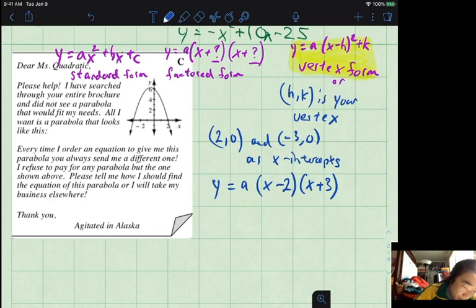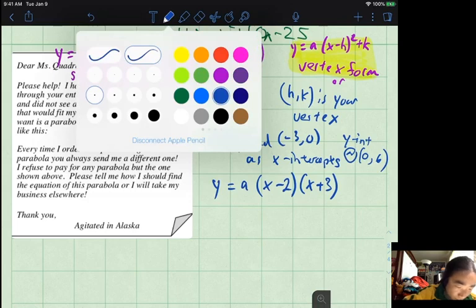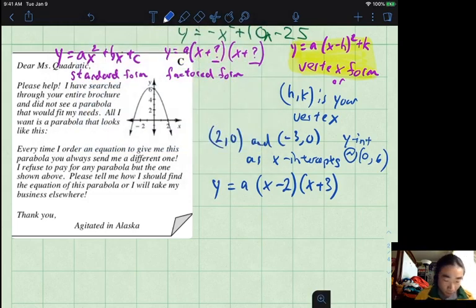We can write down the y-intercept at 0 for the x, +6 for the y. That might come in handy. So, questions so far on how we set that up? It's very similar to the first 3 problems.